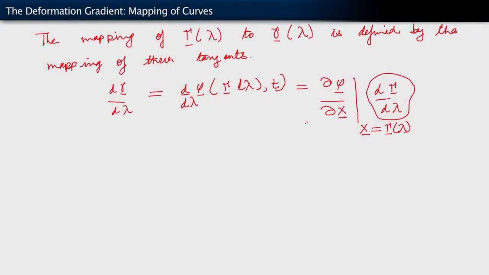Okay, so this is essentially how tangents map, right? Because on the right hand side here we have d capital gamma d lambda, which is the tangent to the curve in its reference configuration, related to the tangent to the curve in its current configuration. This quantity here goes by the name of the deformation gradient.